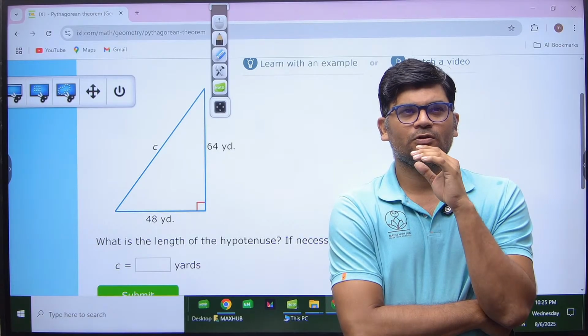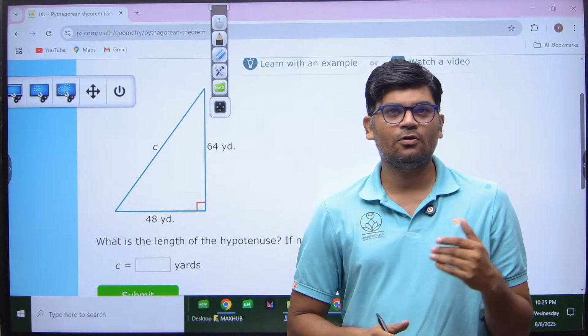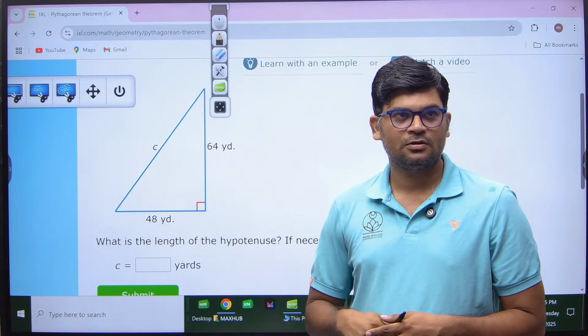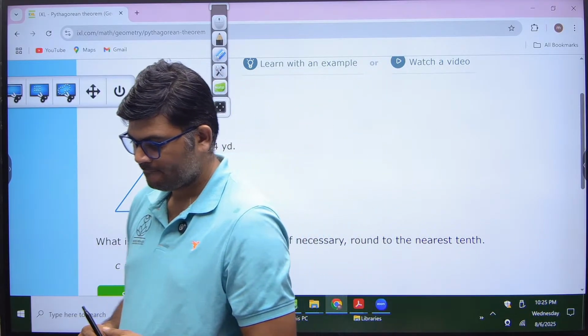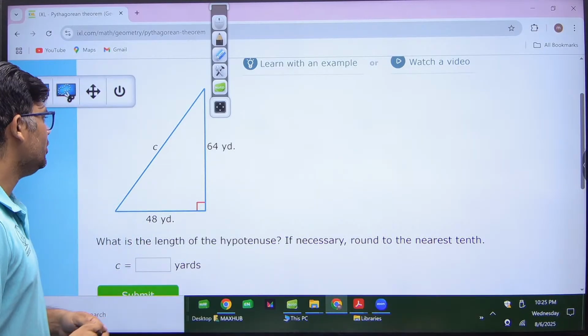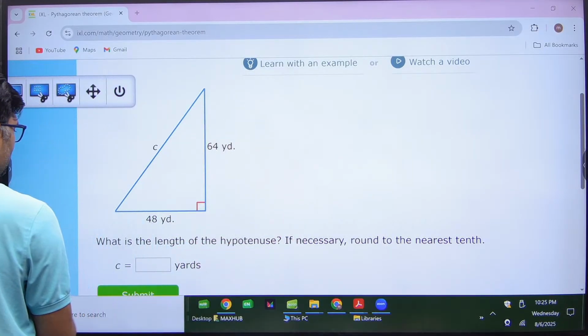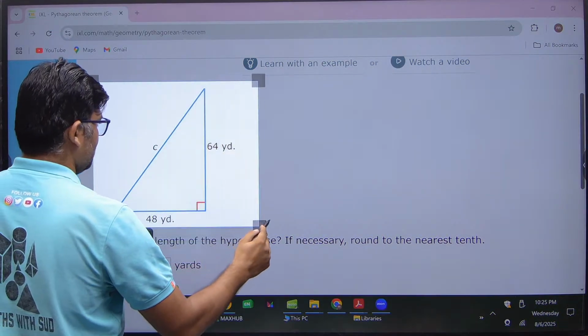No, what are you doing? You have to find the third side. You know how to find the third side? a square plus b square is equal to c square. That's what I'm doing. But one minute, why were you saying 6 point something? I was saying 48 square root.